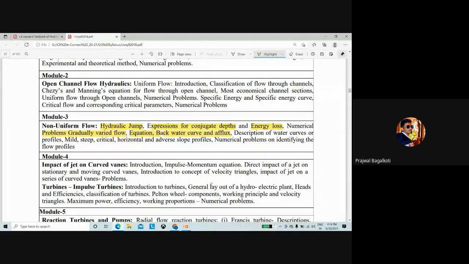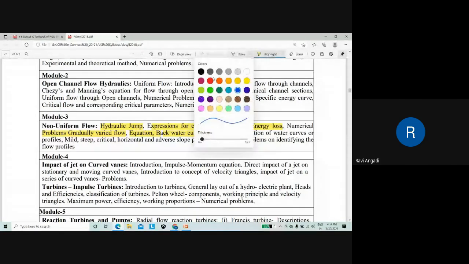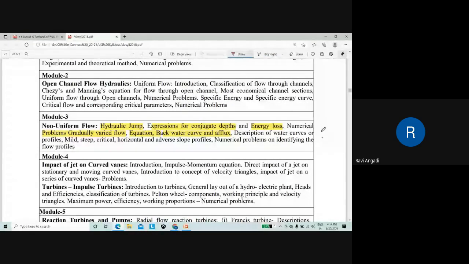Drop down curve, drop down or drawdown. Then if dy by dx is equal to 0, what you get? Uniform flow. Okay. So that we have seen in the gradually varying flow equation.